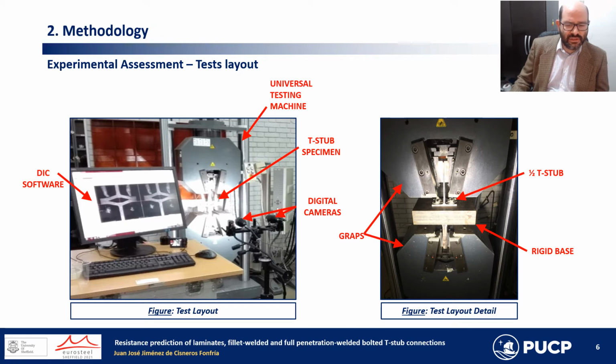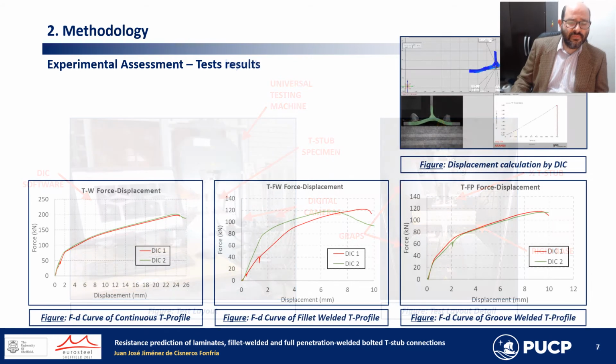Additionally, during the test, the displacement of randomly distributed points marked on the front surface were recorded, and finally the displacement and strain fields obtained by the digital image correlation approach.